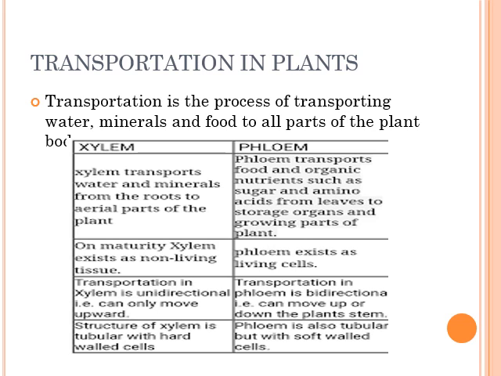Now, when we talk about phloem, children, we know that phloem transports food materials, and not only food materials, it also helps in transporting amino acids. Now, this transport of soluble products of photosynthesis is called translocation, and it occurs in the part of the vascular tissues known as phloem.